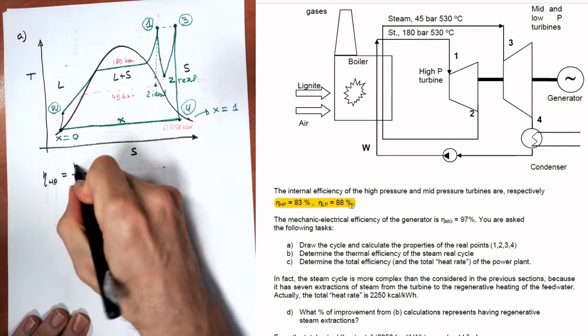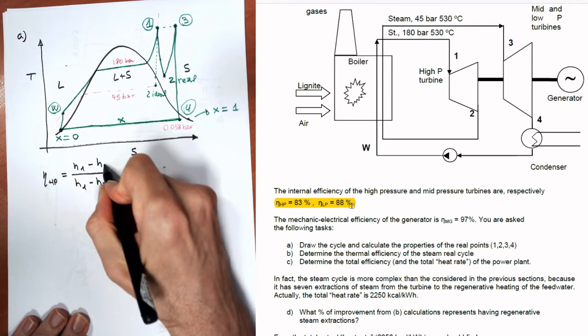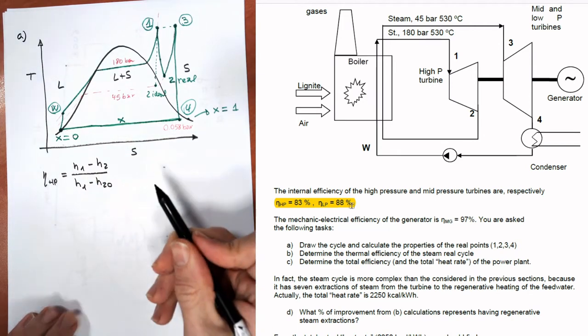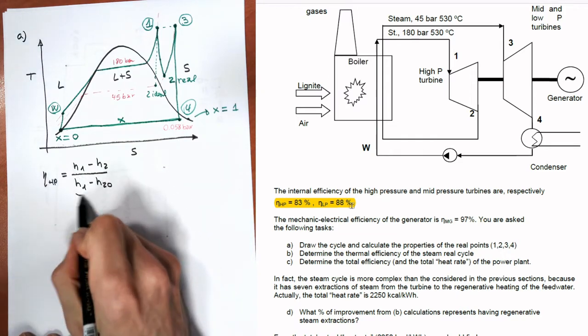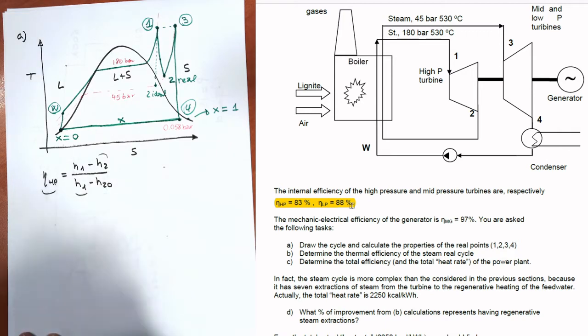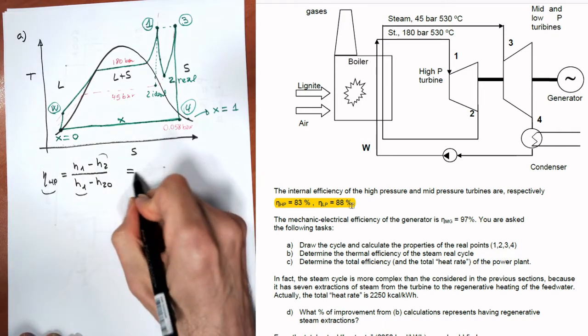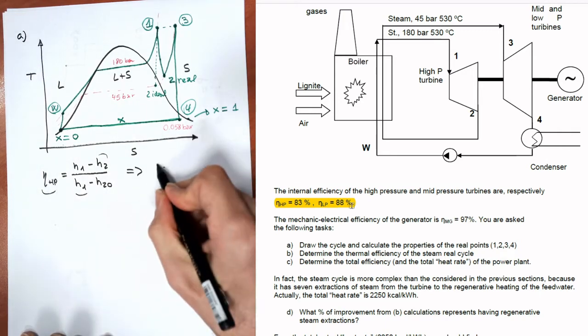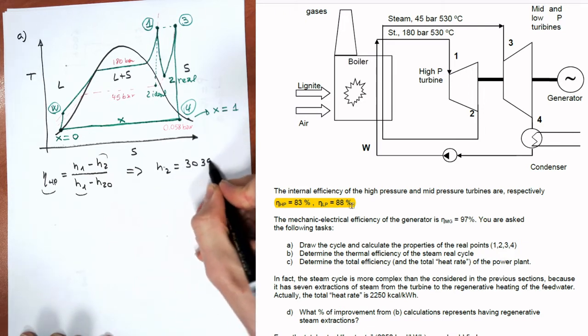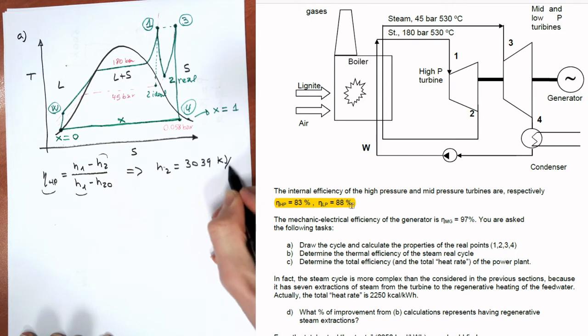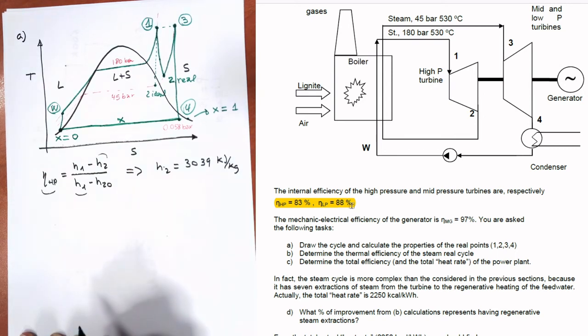We obtain H1 minus the real point. Here you can see that we know H1, we know H2 ideal, and we also know the efficiency. So we can get that H2 is equal to 3039 kilojoules per kilo.